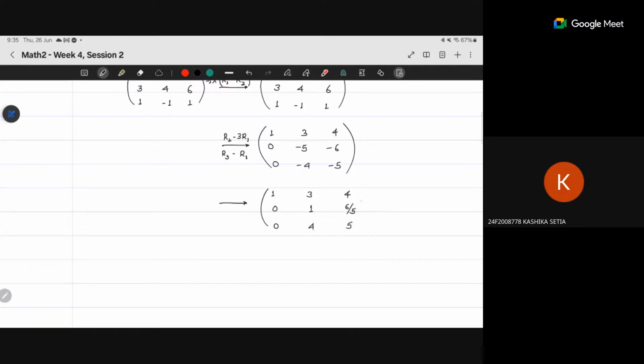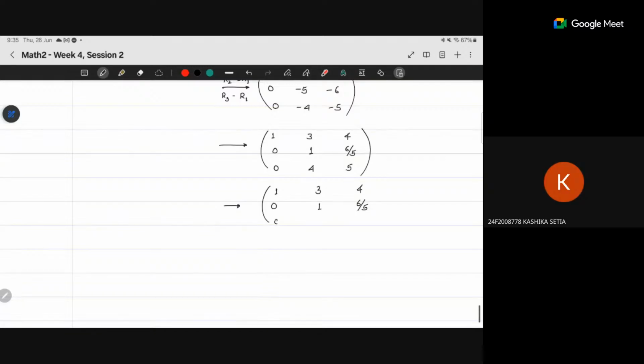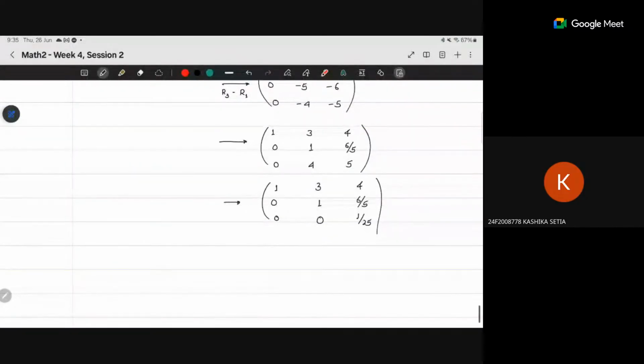It's 4, 5, 0, 0, 4 times 24 by 5, something like this. I can multiply that by whatever, and I'll get 1.